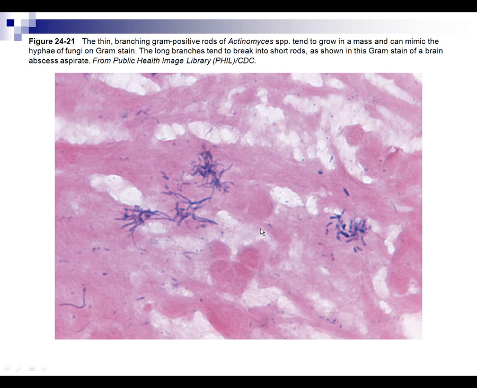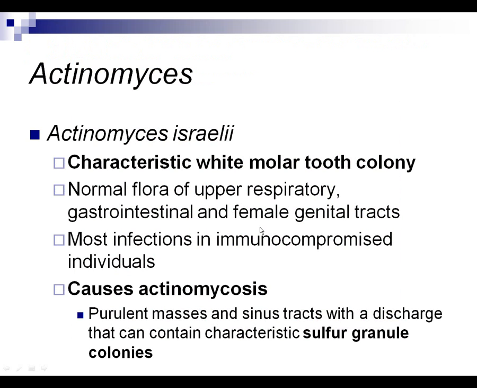Very long. Its characteristic colony morphology is described as a white molar tooth. So the colony kind of grows like it's heaping on top of each other. It's normal flora in the respiratory tract, GI tract, and genital tracts, and it usually causes infections in immunocompromised people.